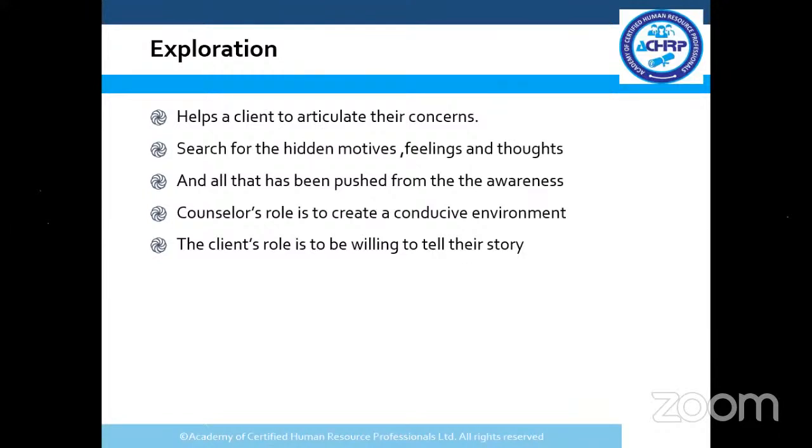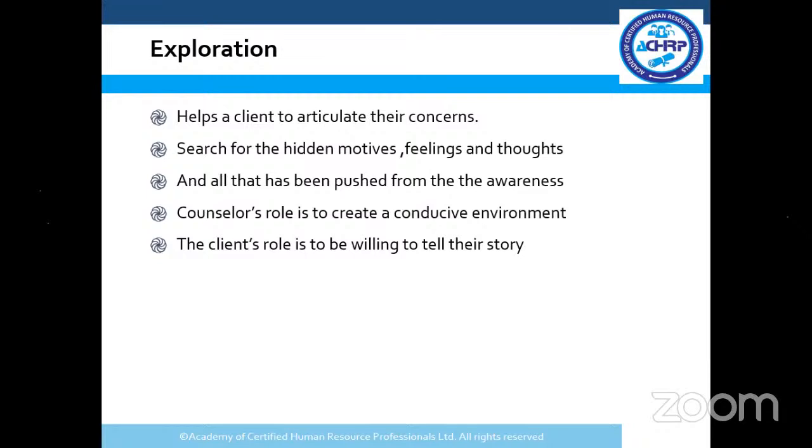You're going to pick the feelings of the clients, their thoughts which are coming to their mind. They're also going to be helped to gather the information which they had pushed from their awareness, so that when they're talking about it, they'll be exploring, and it can come to their consciousness.